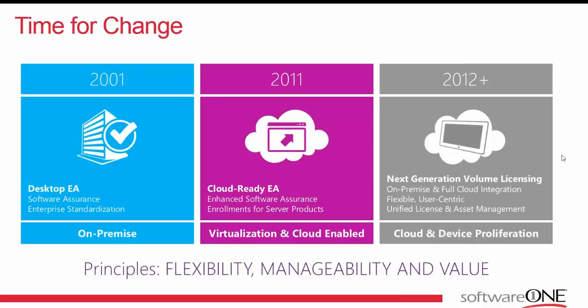As we've moved along from there, we've seen BPOS, but really with the release of Office 365 and Windows Intune, Microsoft have had to make changes to enable their enterprise agreements to make sure they were cloud ready. And even today, we still see that Microsoft are constantly having to evolve these to adapt to where they're going as a company, and the services and software that they're providing is made available to all of us.